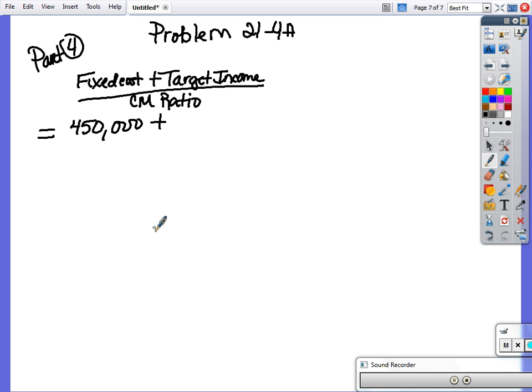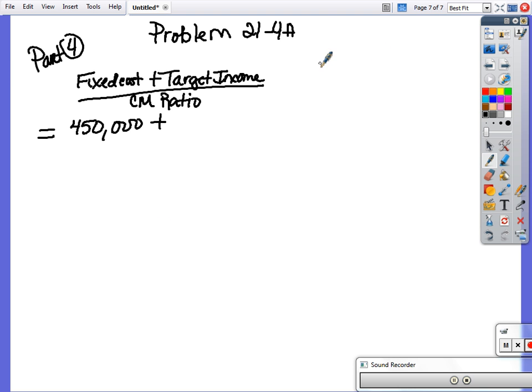Oh, I'm sorry, I said it wrong. I said target income, but it's target pre-tax income, right? Yes. What was the target income amount that they gave you?